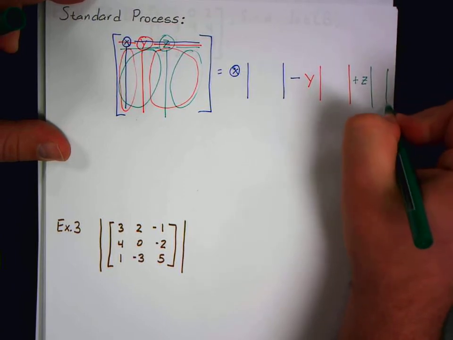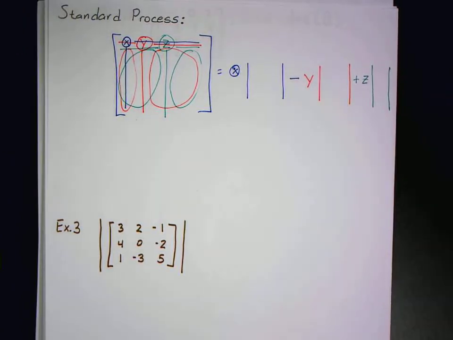So the next sign would be plus. And you keep going until you have finished that top row. You don't have to do any more rows. You just go across the top row. So if the top row has 3 things, you do that 3 times.